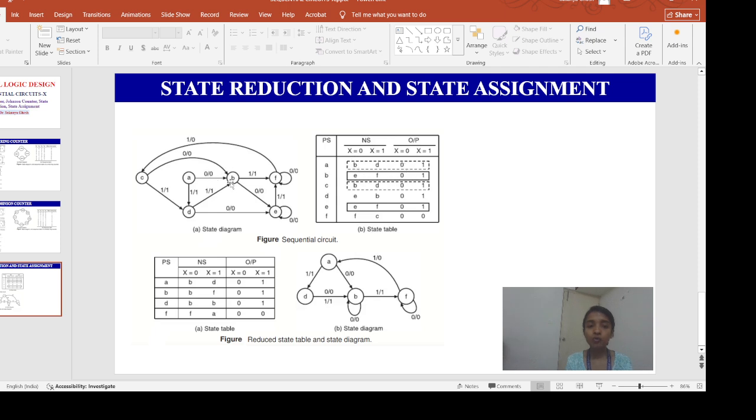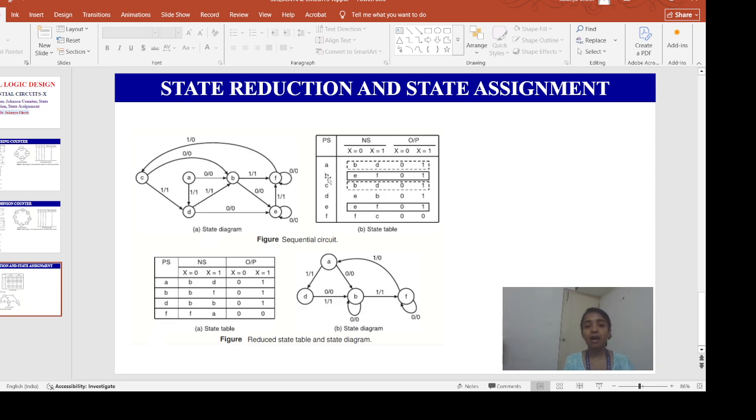And what is my output? Output is also 0. That is why I have written 0, 0. Now, if I am at A and I want to go to D, what is the input? X is 1. And what is the output? 1. So it is 1, 1.